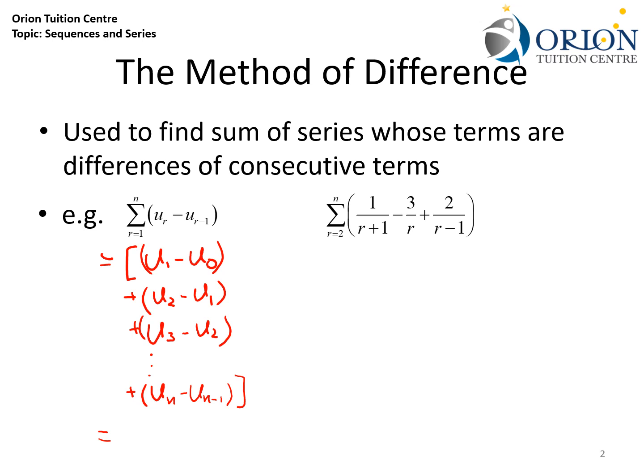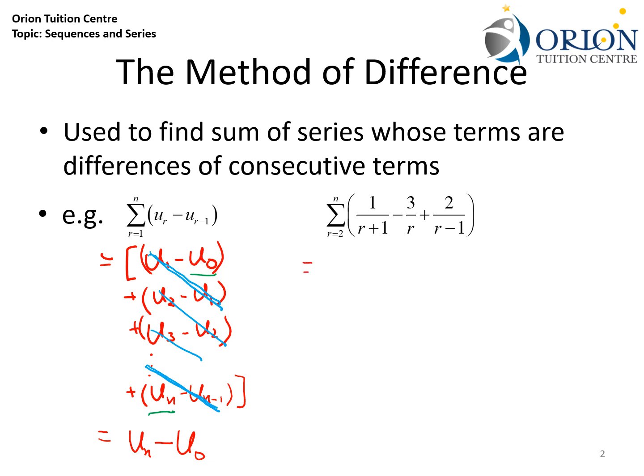And what we can observe is the u1s will cancel out nicely, u2 as well, and eventually un minus 1 and un minus 1. Therefore, everything in between will cancel out nicely, and what we are left with will be un and u0. And thus, this summation can be simplified into just un minus u0.